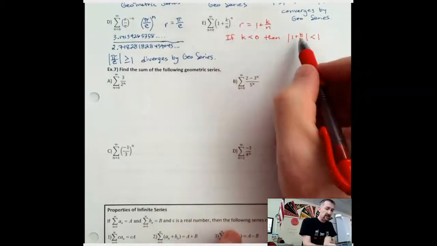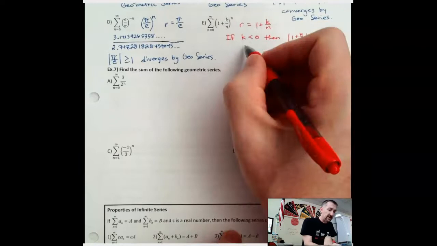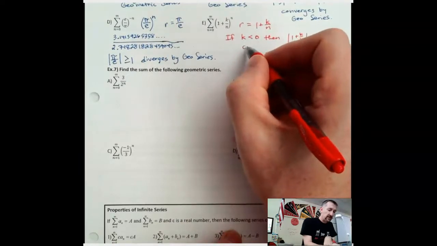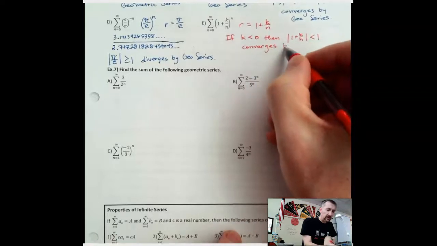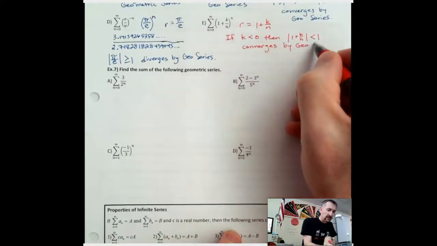If k is less than 0, then that equals that, and we have convergence, a geometric series.